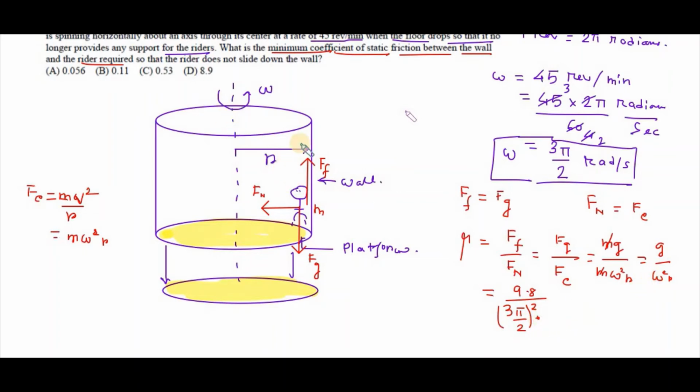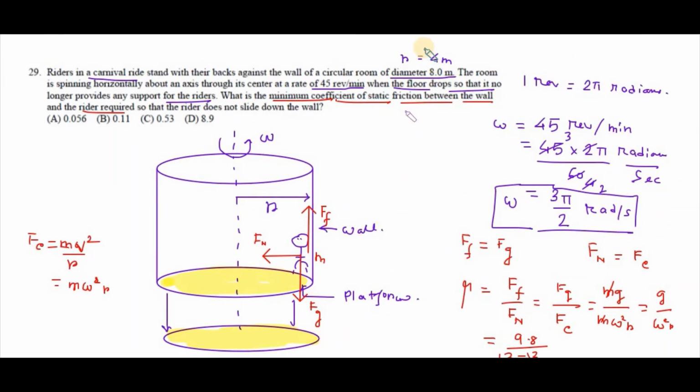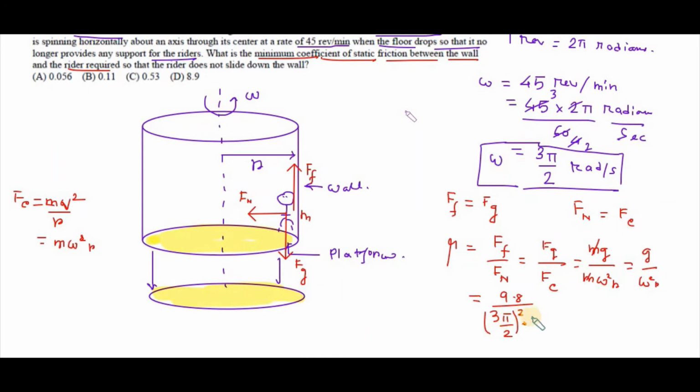R is given as 4 meter in the statement. So let's substitute 4 here. If we do these calculations, we'll be getting mu equal to 0.11. So the option is B.